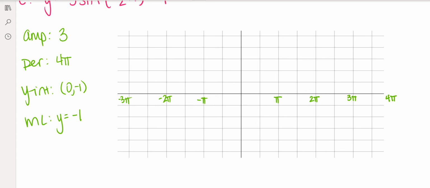Now I'm going to go ahead and put in my midline, which is -1. Did I give everybody enough time to scale their graph? Okay. So we have our midline. Now I'm going to go ahead and put in the y-intercept, which is 0, 1.